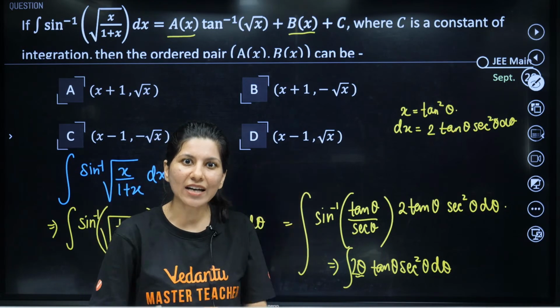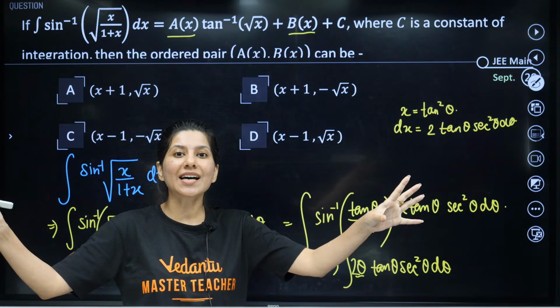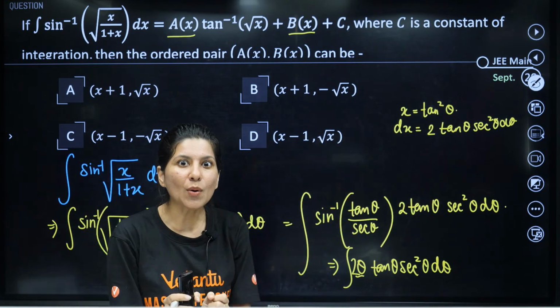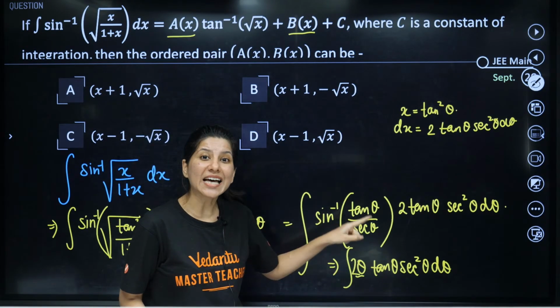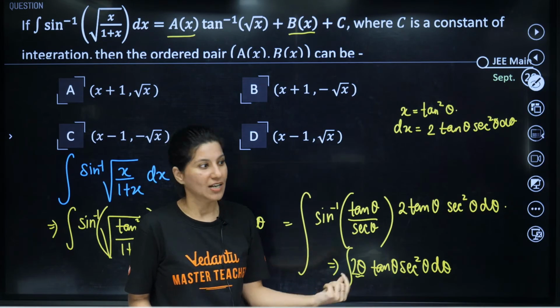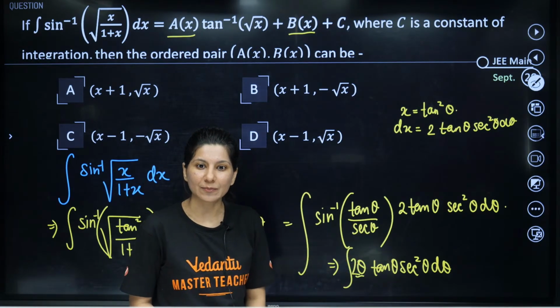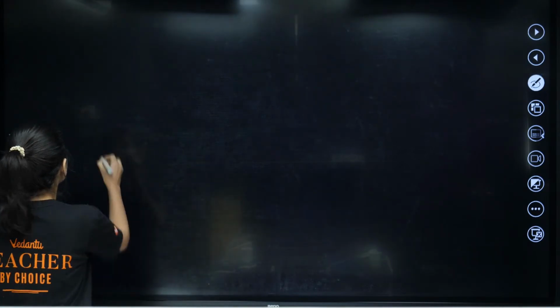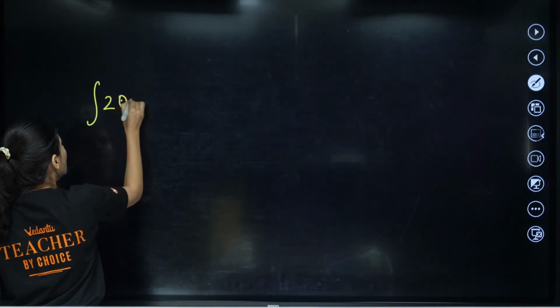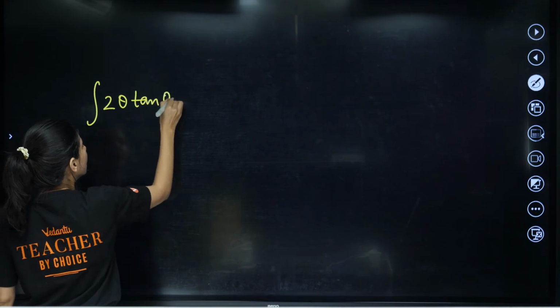No, that's the way it is. Two different worlds are there, trigonometry and algebra. When you have to make a product of it and then integrate, especially that time by parts is applicable. So 2 theta tan theta sec square theta. Now it will be a trickier one.